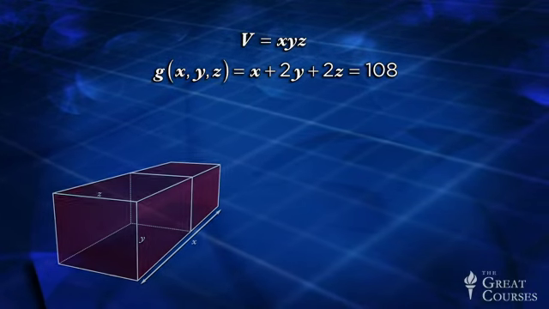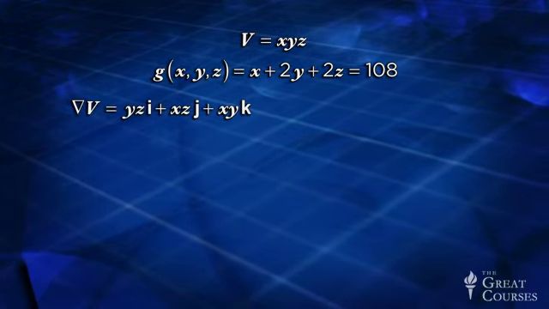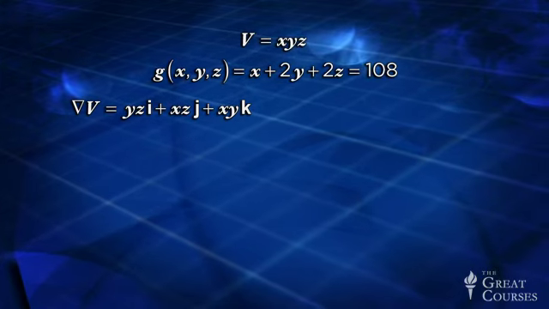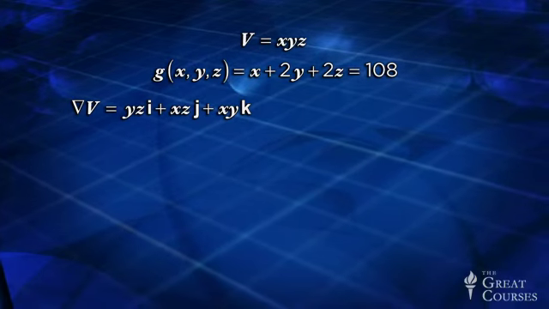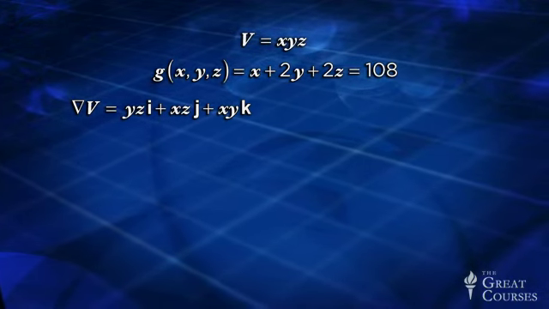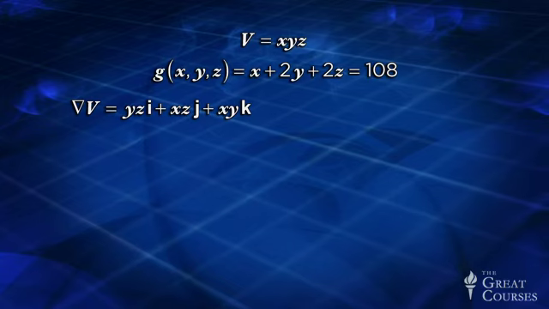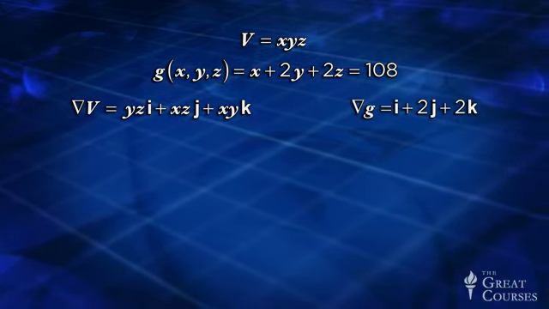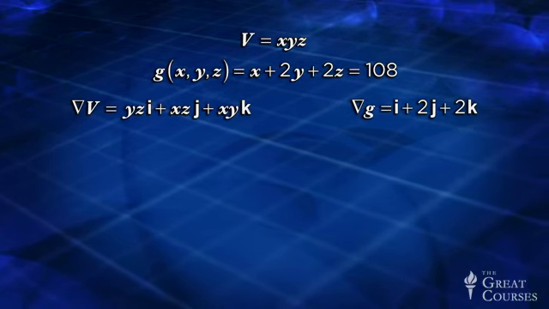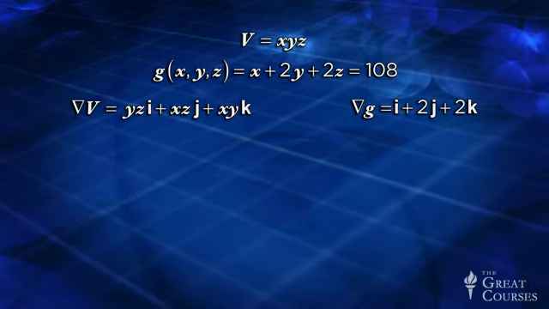We need the gradients. Gradient of the volume is yz i plus xz j plus xy k. How did I get that? I differentiated V first with respect to x, then with respect to y, then with respect to z. The gradient of g is quite simple. It's just i plus 2j plus 2k.